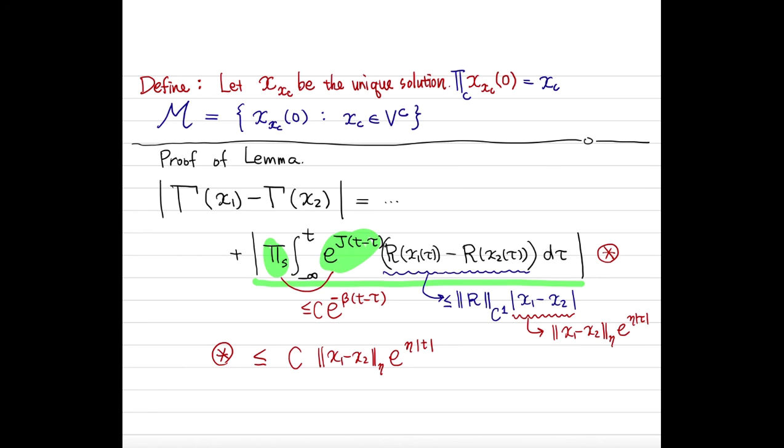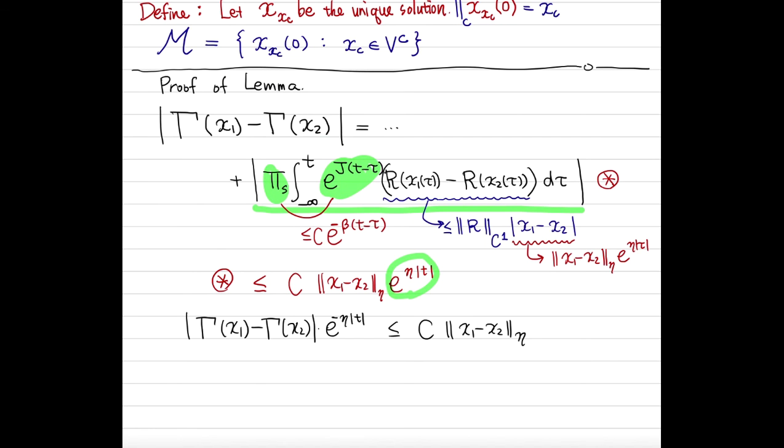If we move this e to the eta term to the other side, and then take the supremum norm on the left over time, that's exactly the eta norm of gamma x1 minus gamma x2.